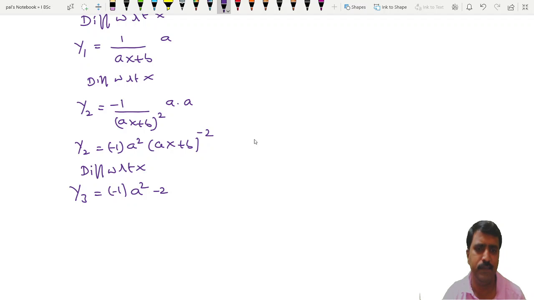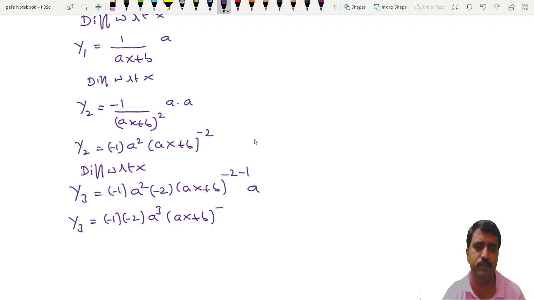Similarly, its differentiation is minus 2 into ax plus b to the power minus 2 minus 1 into the differentiation of ax plus b, which is a. Now y3 is equal to minus 1 into minus 2 into a square into a, which is a cube, into ax plus b to the power minus 3.